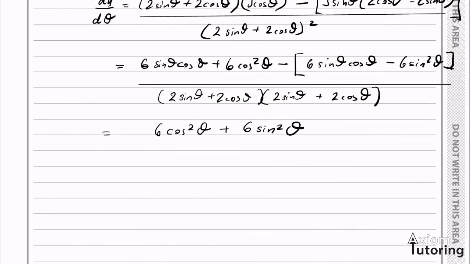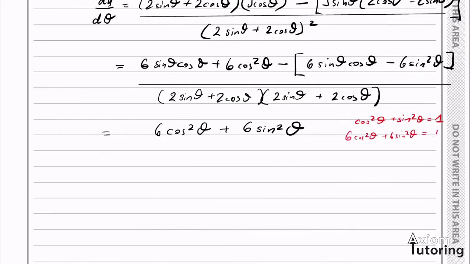And even before I start to work out the denominator here, you might recognize that, I'll write it like this, cos squared theta plus sine squared theta equals 1. And in fact, in this expression here, we just have a 6 in front of our cos squared theta and our sine squared theta. So imagine then we just multiply the left by 6. So 6 cos squared theta plus 6 sine squared theta.